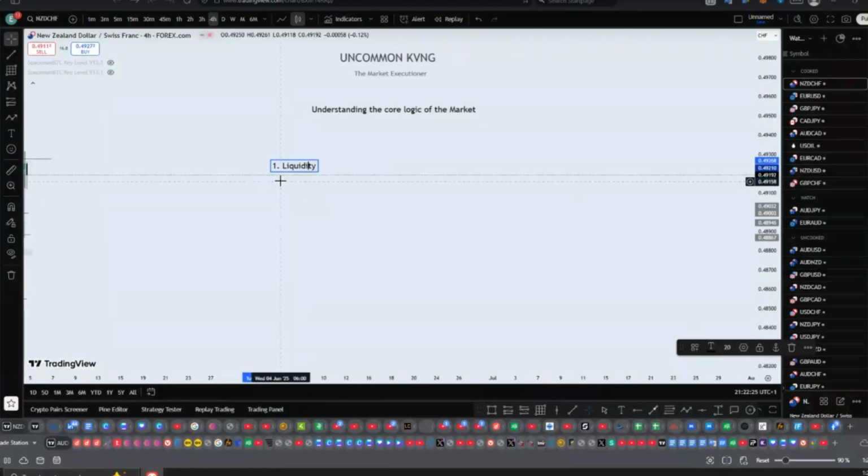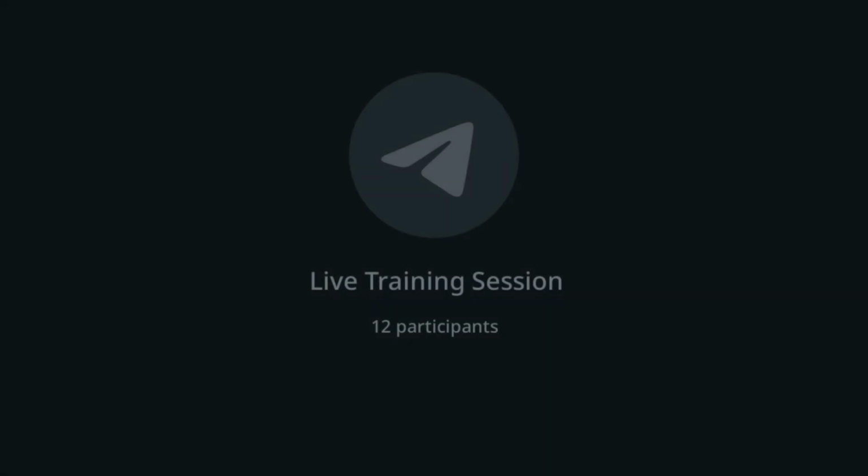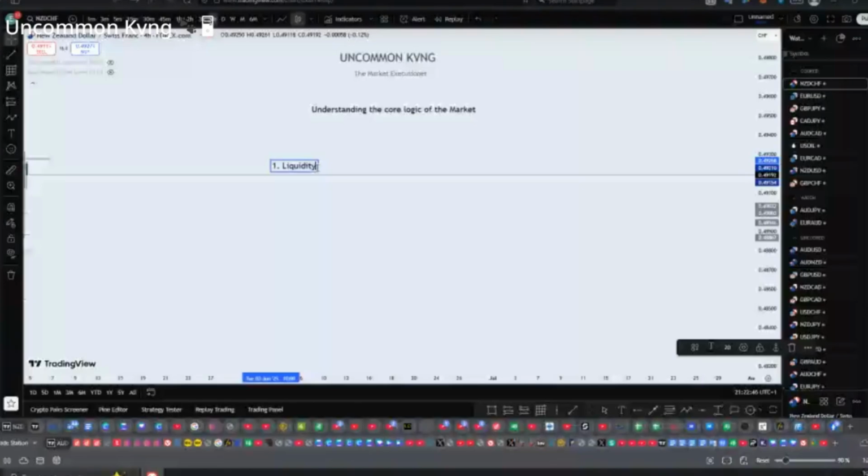Remember, all these things happen inside the structure, whether it's a bullish structure, a downtrend or bearish structure, or consolidation. This core logic happens in all those structures. So please follow me from where I'm coming from. I'm coming from three phases of the market, which is either an uptrend, a downtrend, or a consolidation market.